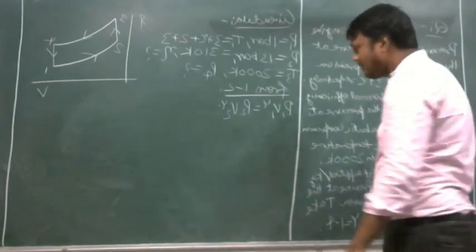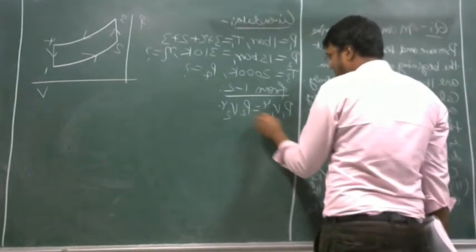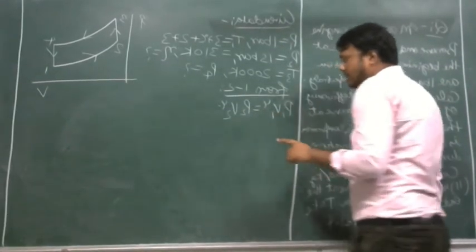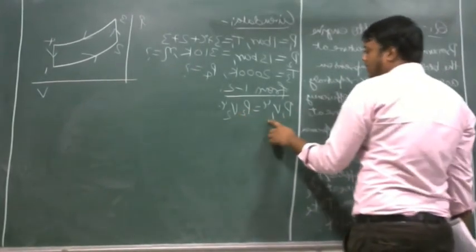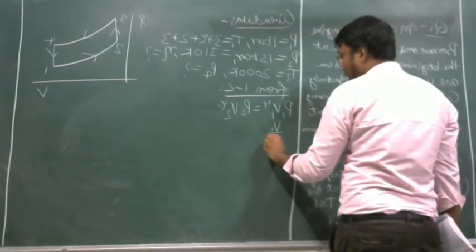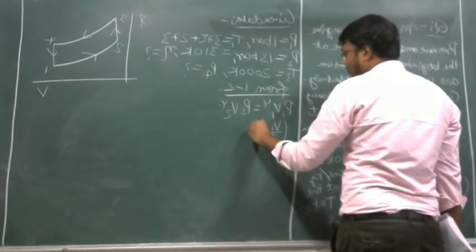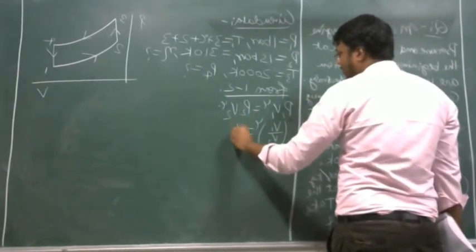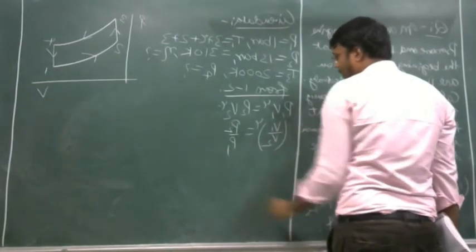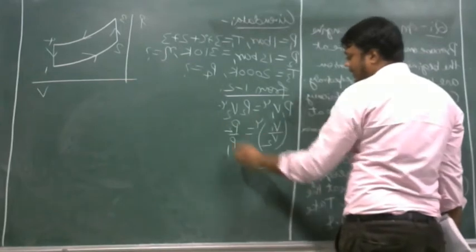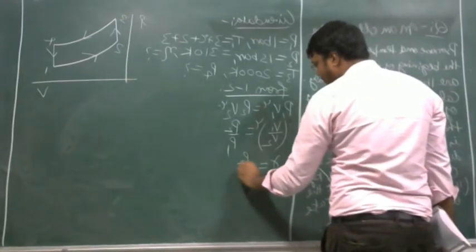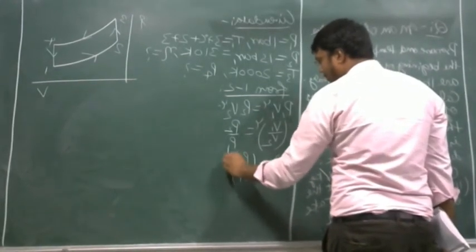The compression ratio r is V1 by V2, so put V2 below V1. So (V1 by V2) to the power gamma is equal to P2 by P1. V1 by V2 is the compression ratio r, and transferring the power gamma to the other side, it becomes P2 by P1 to the power 1 by gamma.